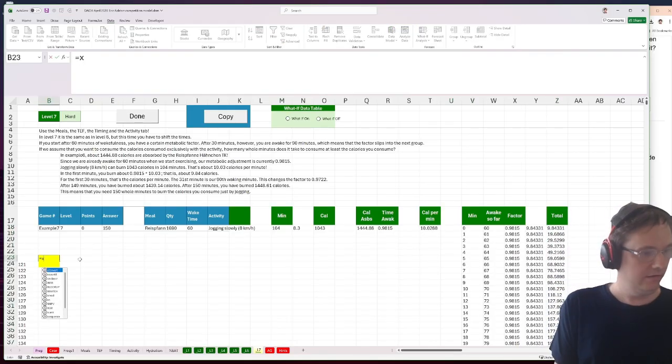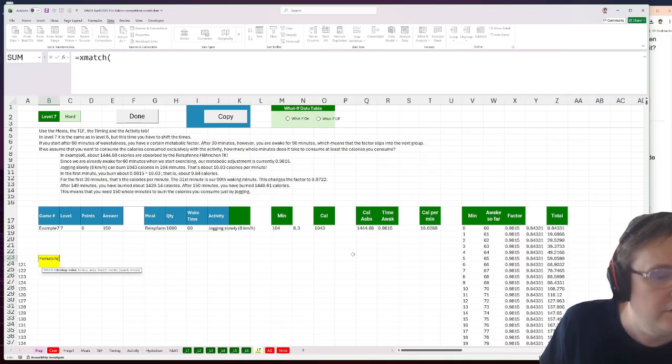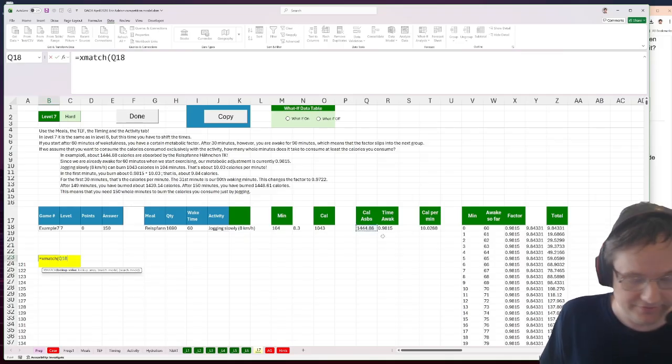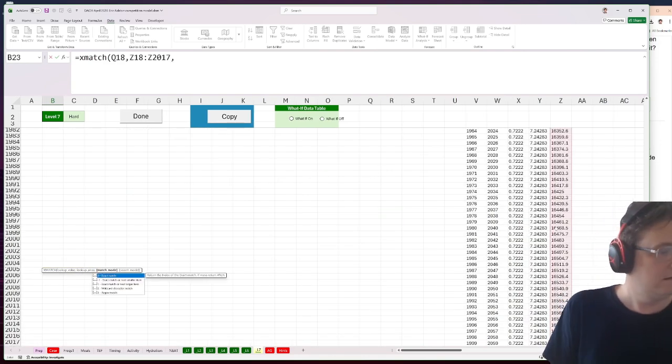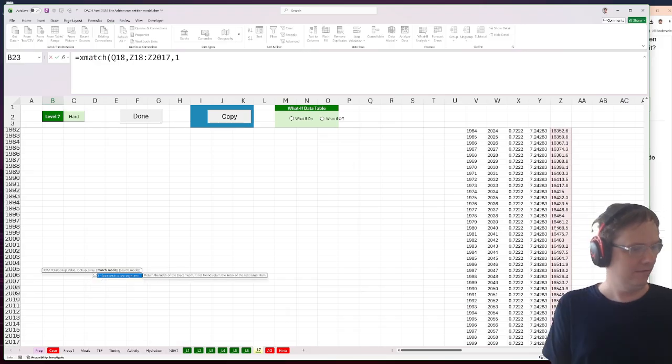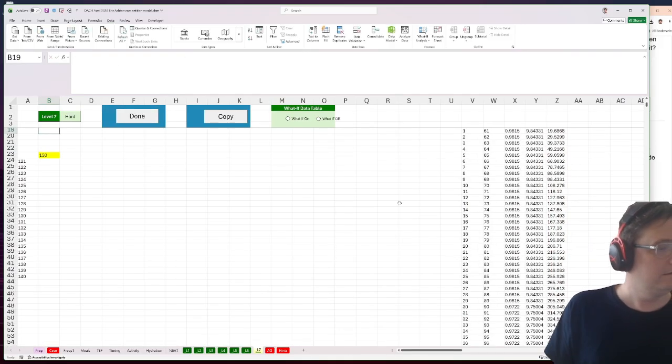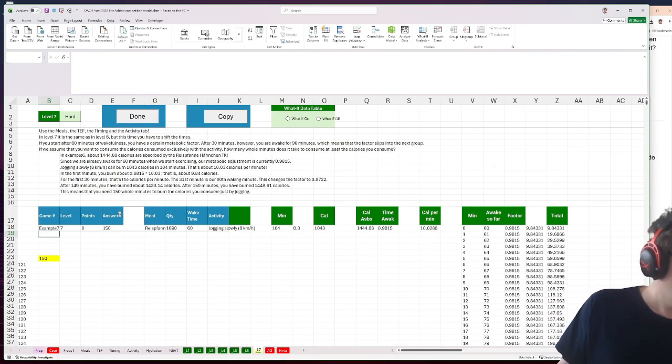So now it is X match of the number I need to absorb on this with, I guess, the one type. Yeah, that's the correct answer.